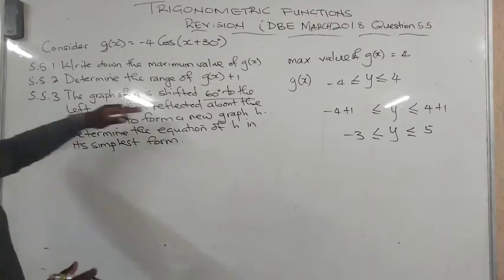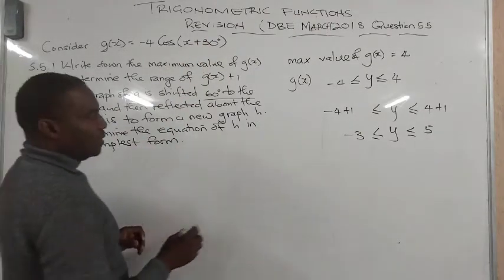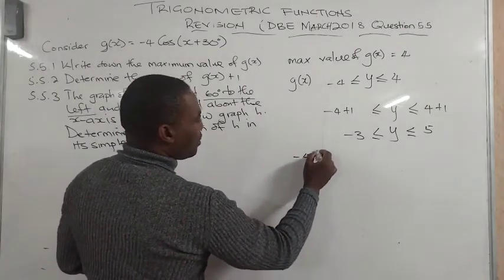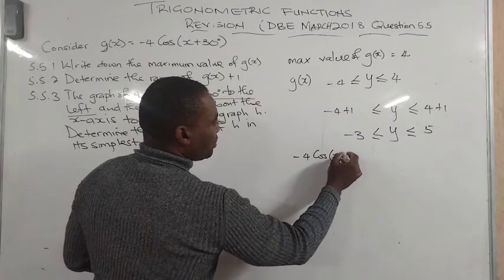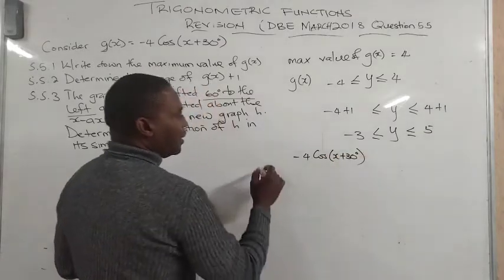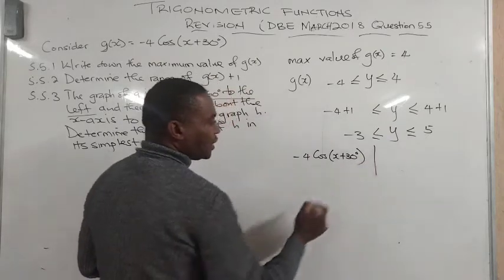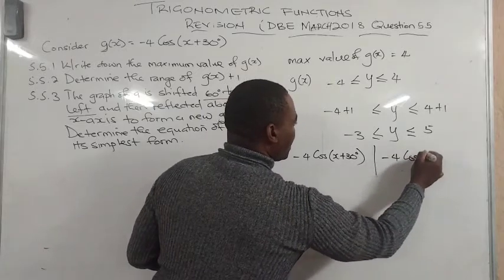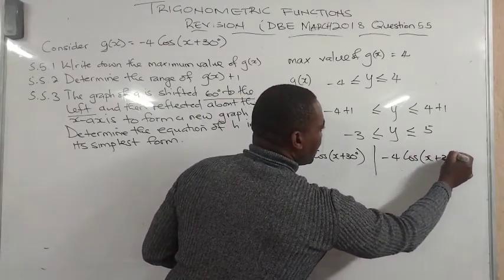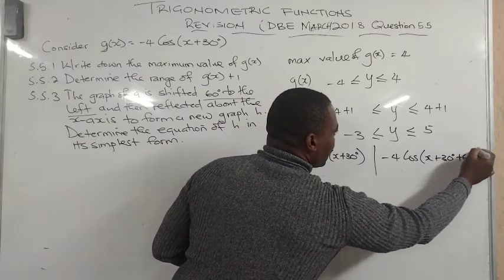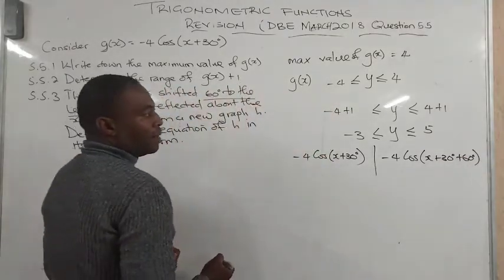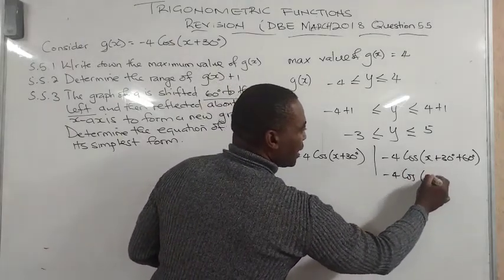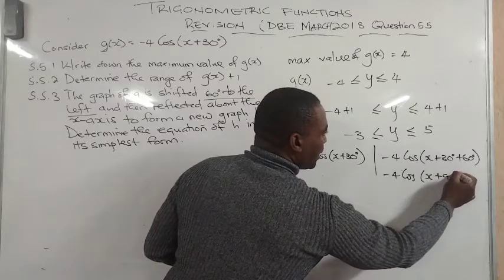So just looking at the shift of 60 degrees, our negative 4 cos(x + 30 degrees), if we shift it 60 degrees to the left, we'll have negative 4 cos(x + 30 degrees + 60 degrees). So this will give us negative 4 cos(x + 90 degrees).